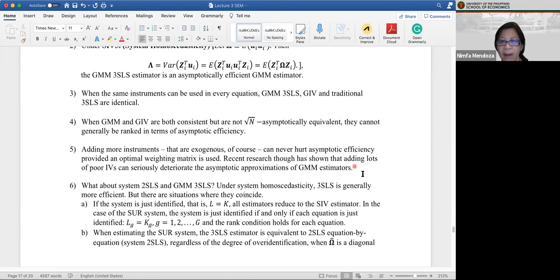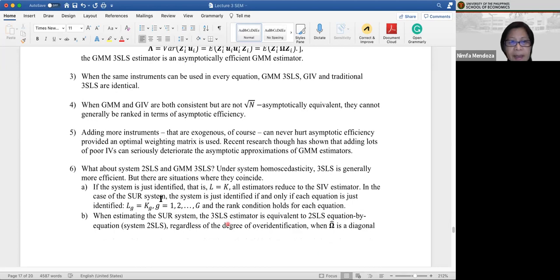Note that for IVs, we want them to be uncorrelated with the disturbance term of the equation, but highly correlated with the variable that they are being used as instruments for.